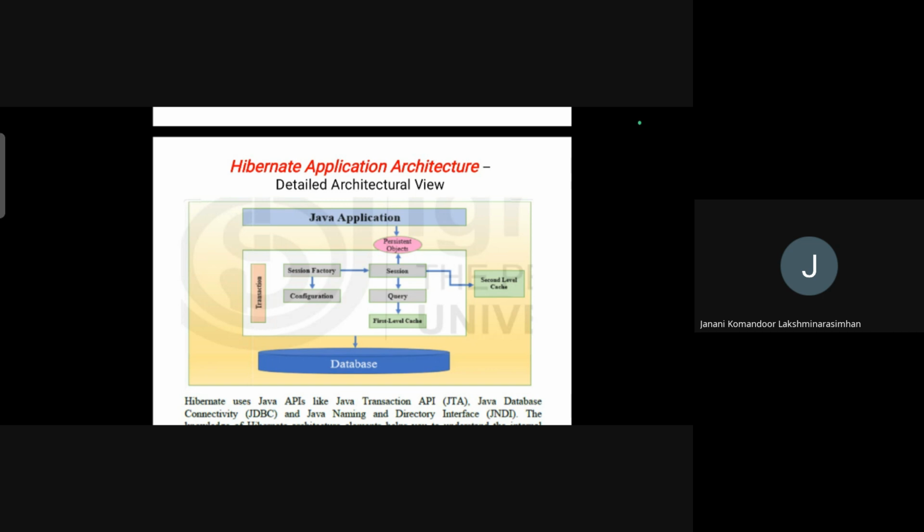So whatever objects are involved in the mapping process, all of them are stored into the cache, whether first level or second level. That is the reason why they are known as persistent objects.